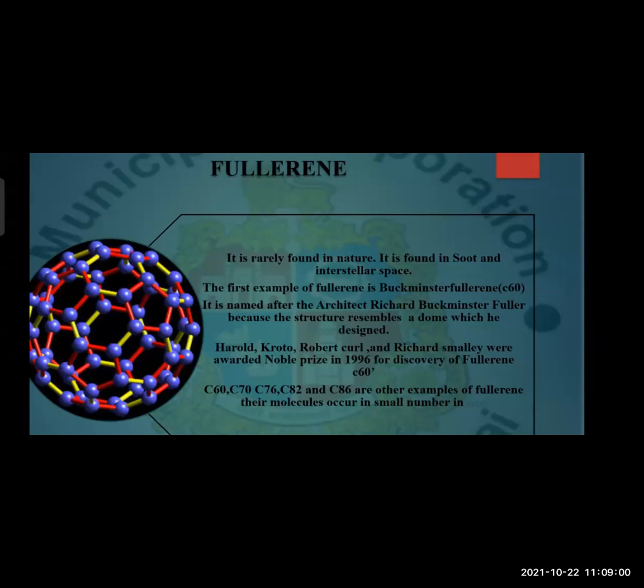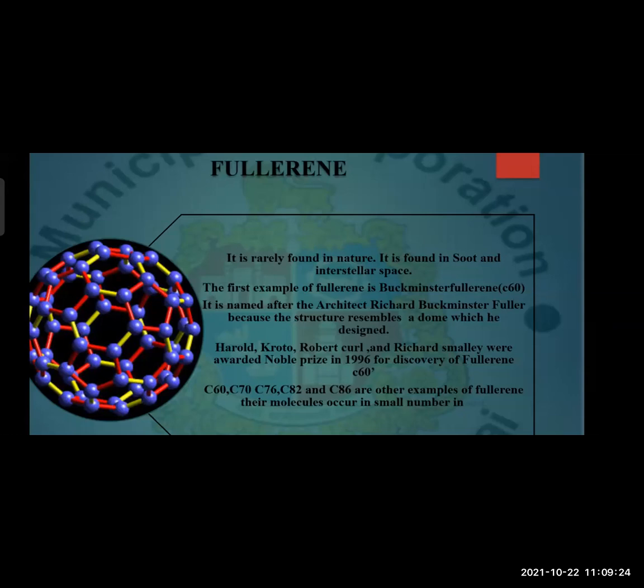The first example of fullerene is Buckminsterfullerene, C60. It is named after the architect Richard Buckminster Fuller because the structure resembles a dome which he designed.